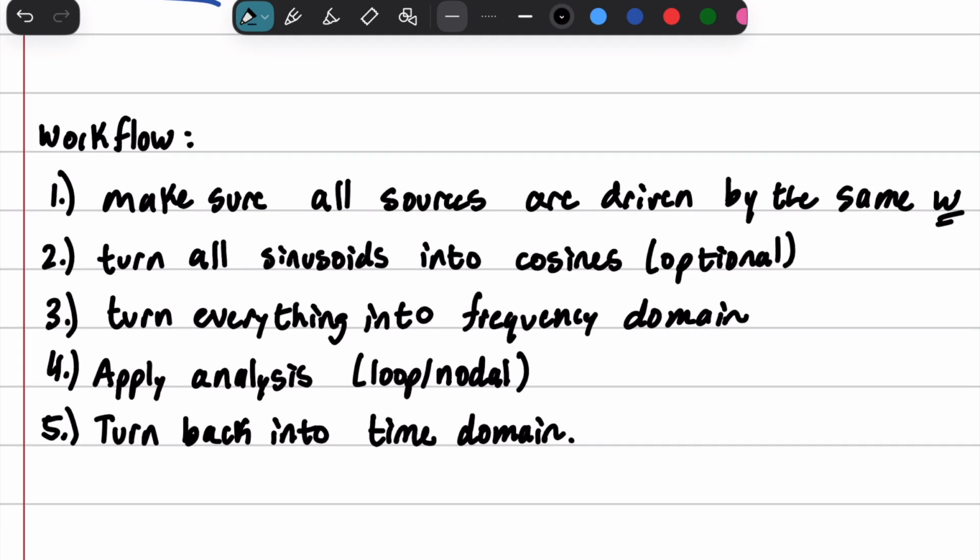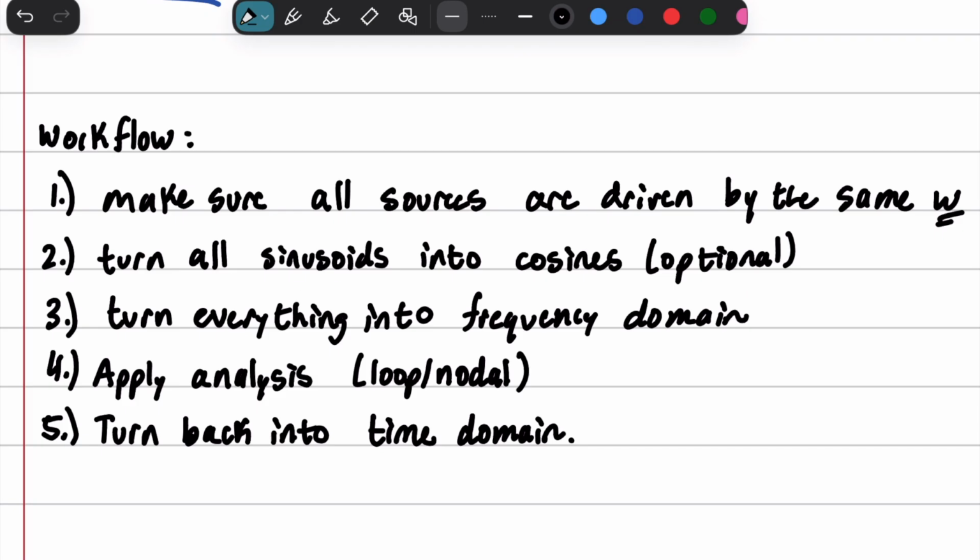Now here's the workflow that I typically follow and what I was taught with. And basically this is a very simplified version of steady state analysis. The first step we're going to do is make sure all sources are driven by the same omega, by the same frequency. This just makes the analysis much easier, and it's beyond the scope of what I was taught and what you're probably going to learn in an intro circuit analysis class.